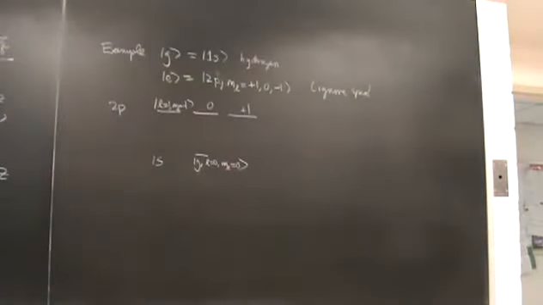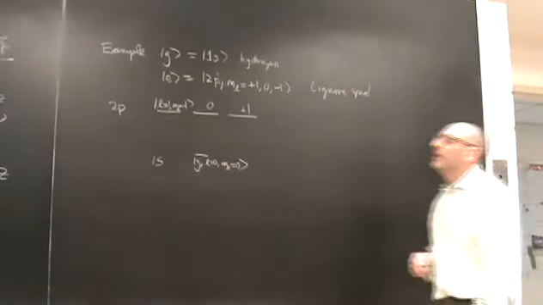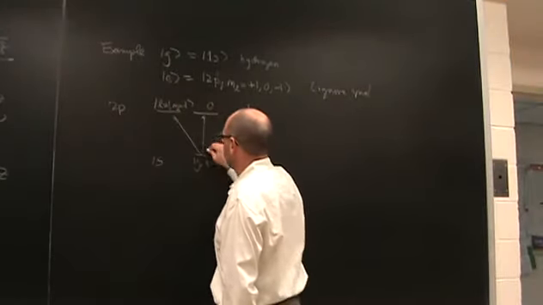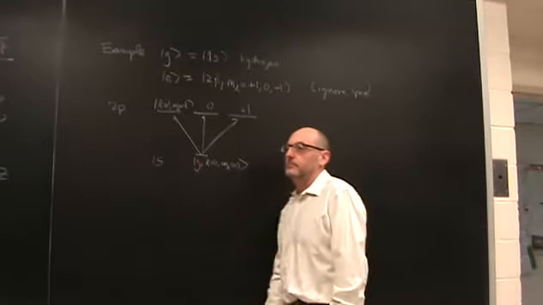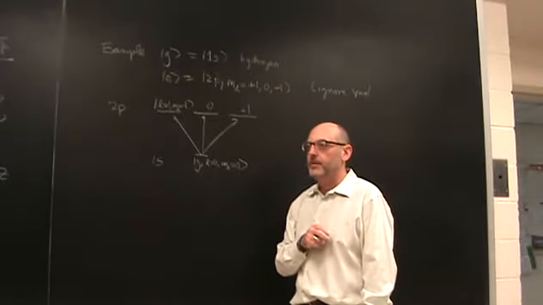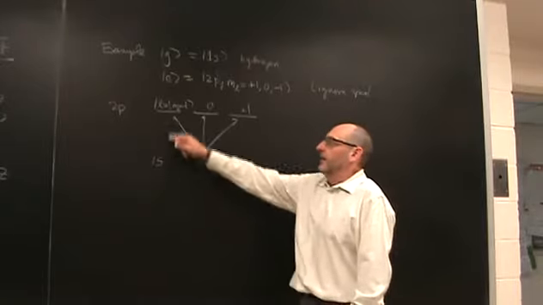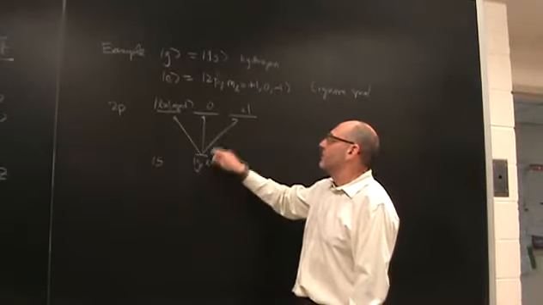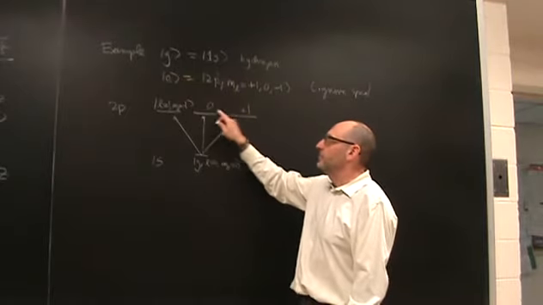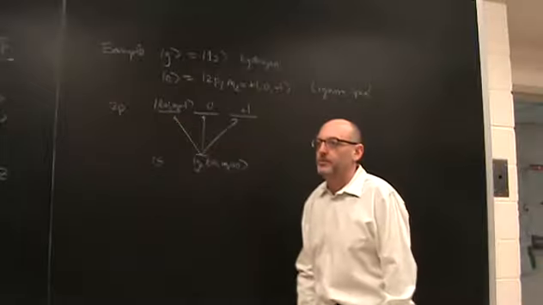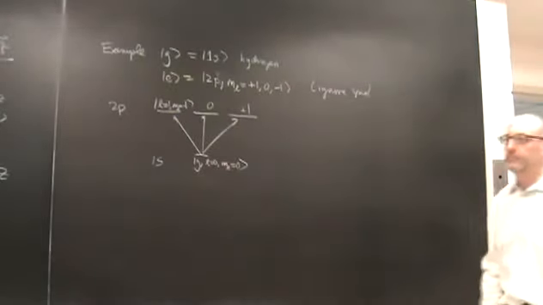Okay? All these transitions are allowed because they all satisfy my selection rules. L changes by 1. M sub L can change by +1, it can stay the same, or it can change by -1.